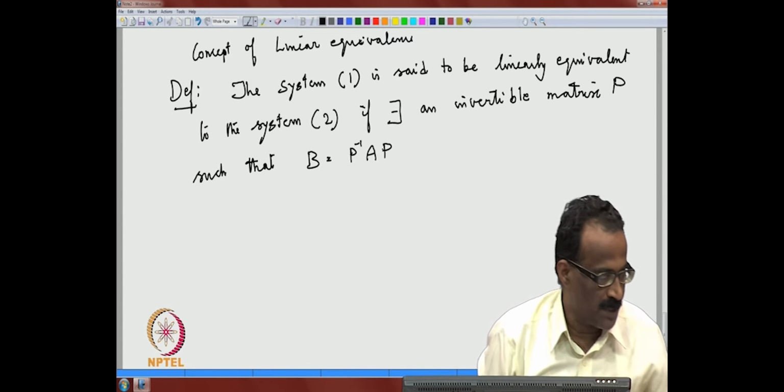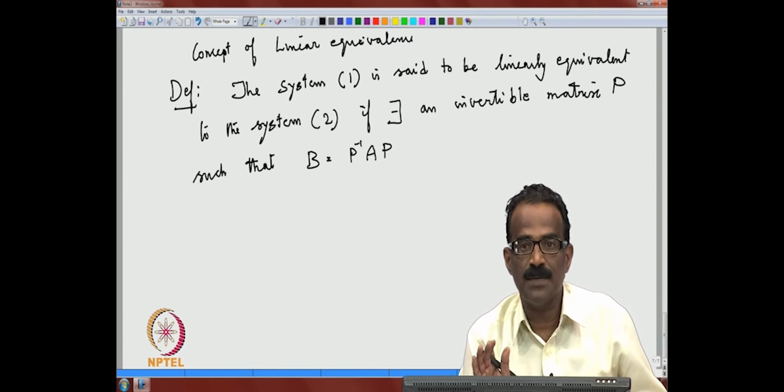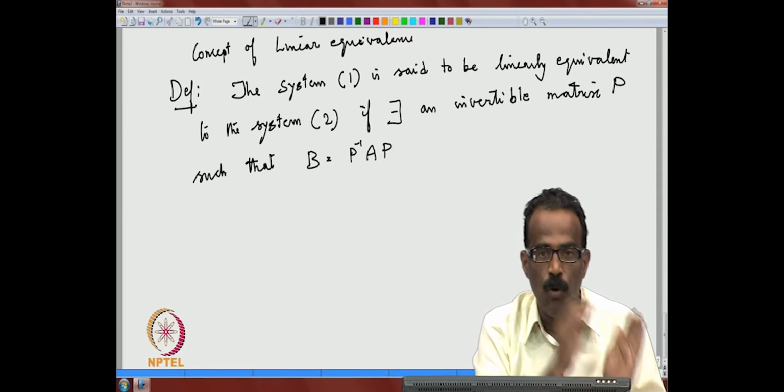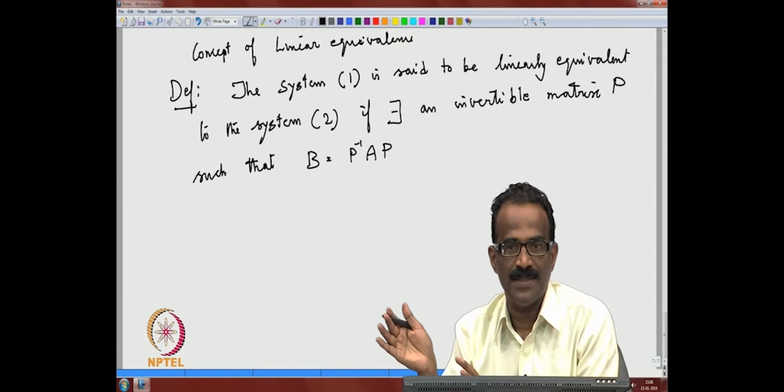See, that is the point. Okay. So, whenever two systems are linearly equivalent, you can go from one system to another system.